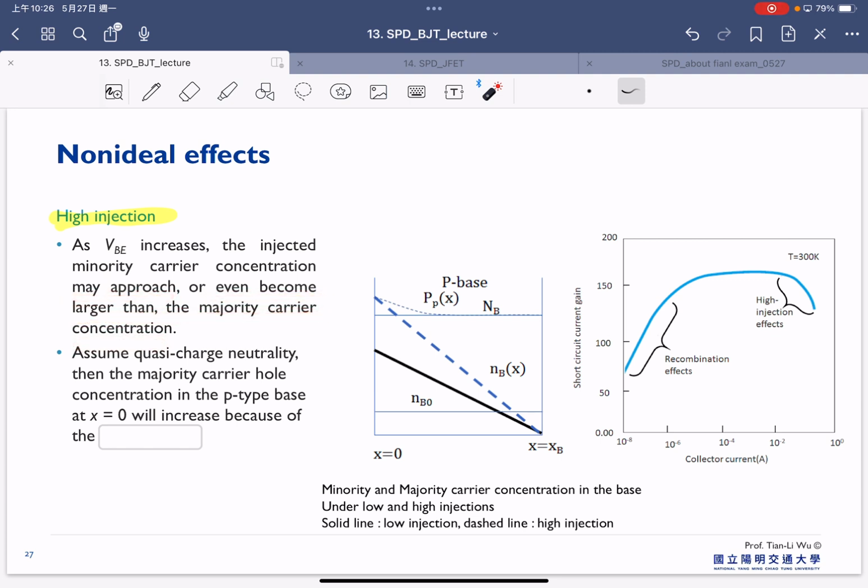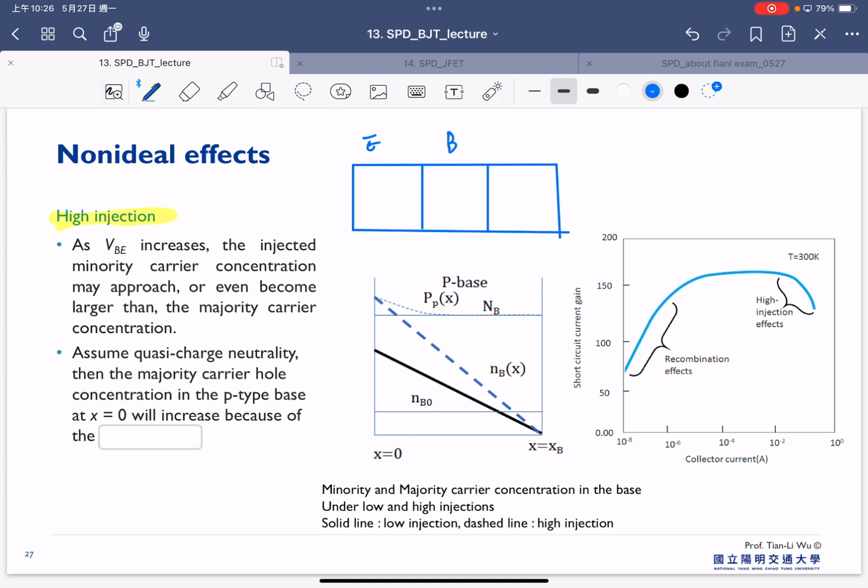So this is to describe the case where we have the BJT here. We have an emitter, we have a base, we have the collector here. So we have the N, P, N here. And as you know, once we forward bias the BE junction, electrons will flow from the N to the P region.